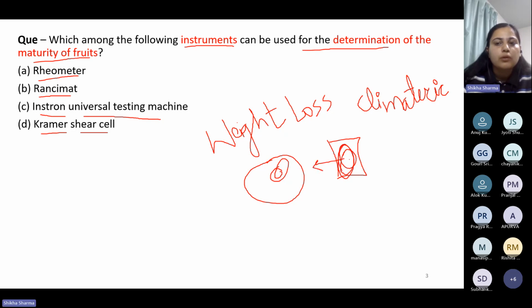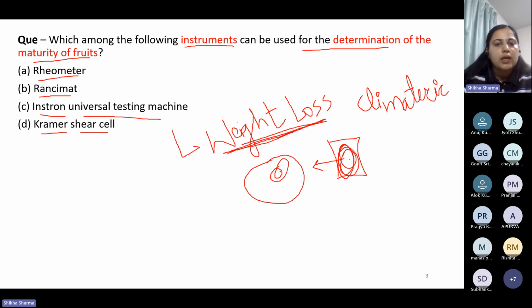So the water is lost from inside the plant cell. That means moisture is being lost, or weight is being lost, at a particular rate during the storage. So one parameter is moisture loss or the weight loss.